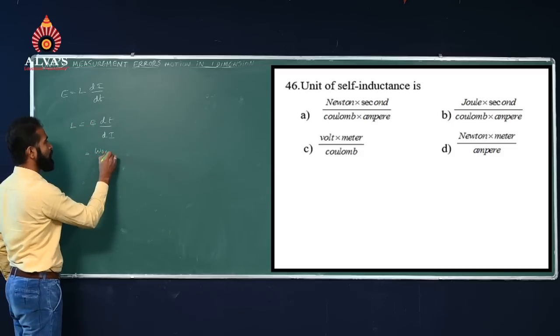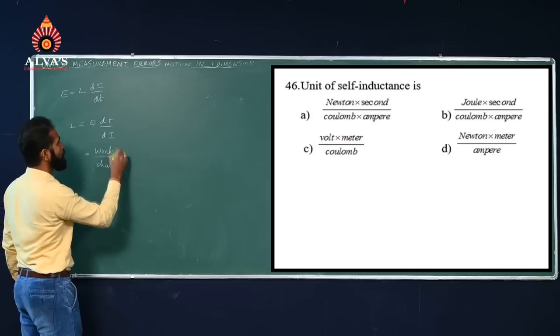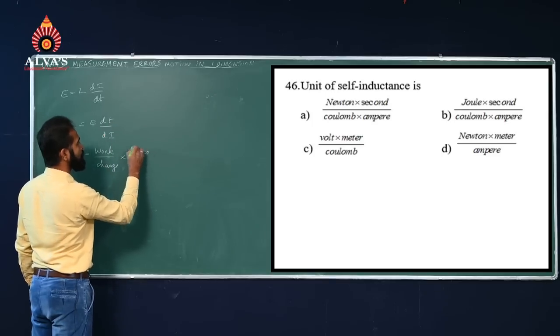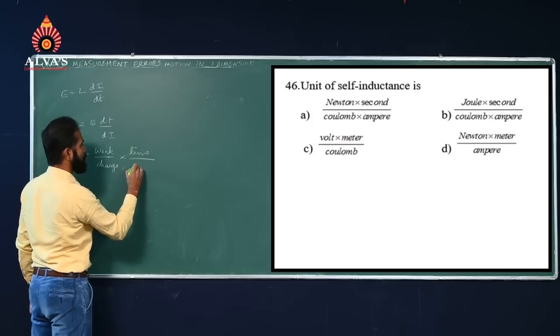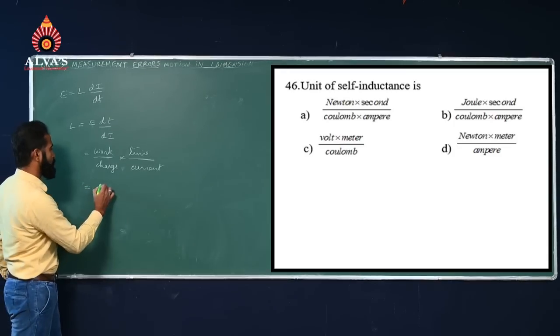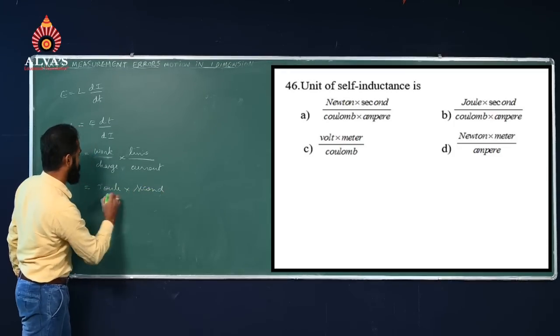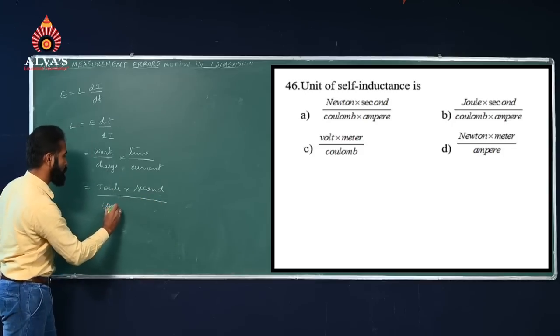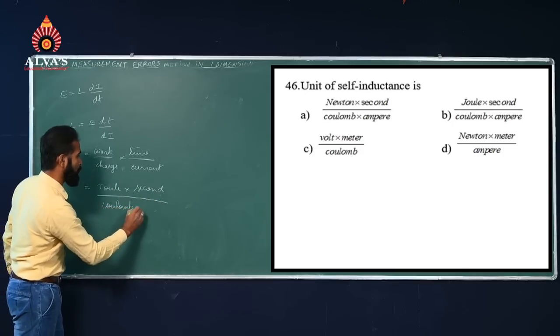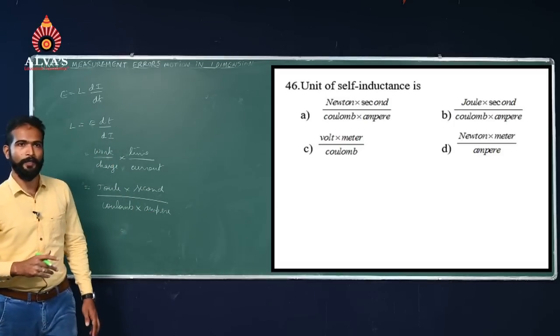So this is work per charge into time divided by current. Unit of work is joule, unit of time is second, unit of charge is coulomb, and unit of current is ampere. So the right choice is the second option.